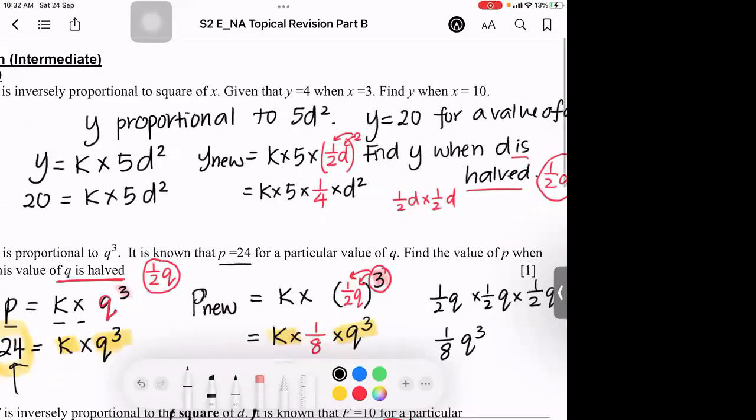Then I check my number originally. K5D squared is the number 20, times 1/4. Answer 5. Okay, so this type of question must know how to do.